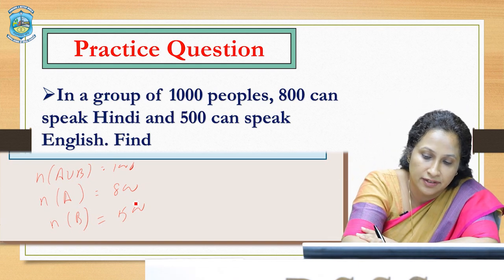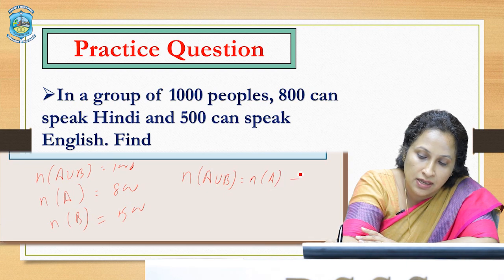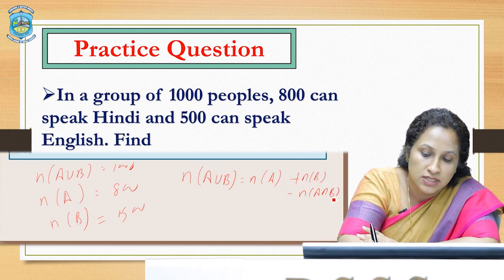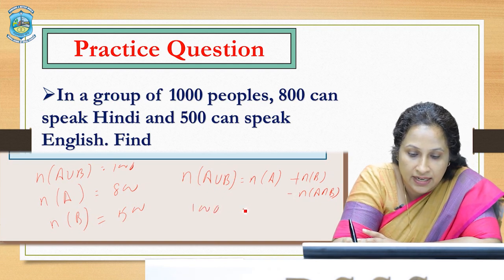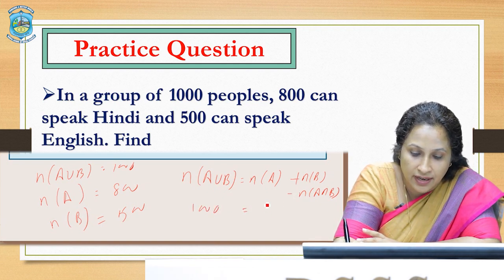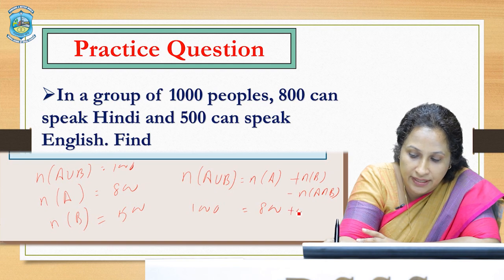So, let us apply the rule which is n(A union B) is equal to n(A) plus n(B) minus n(A intersection B). So, 1000 is equal to n(A) was 800, n(B) was 500, minus n(A intersection B).